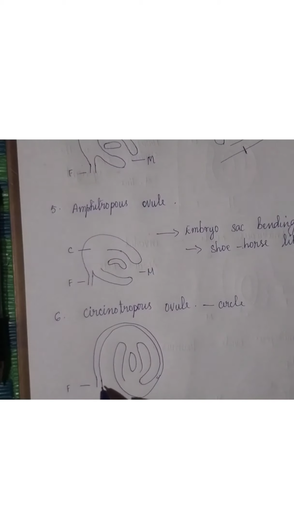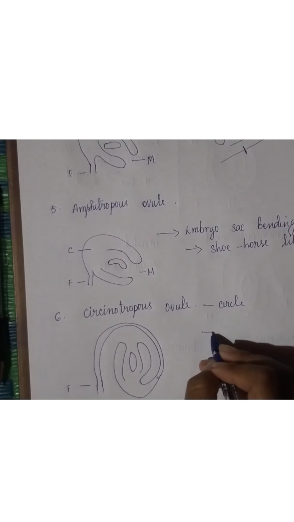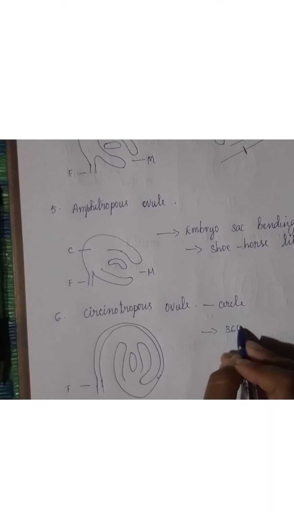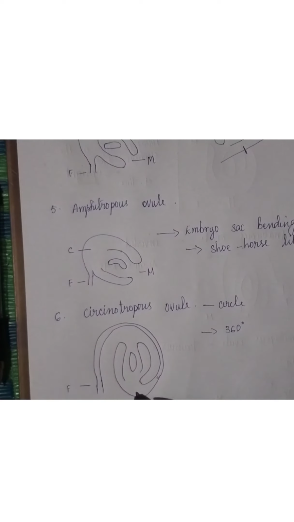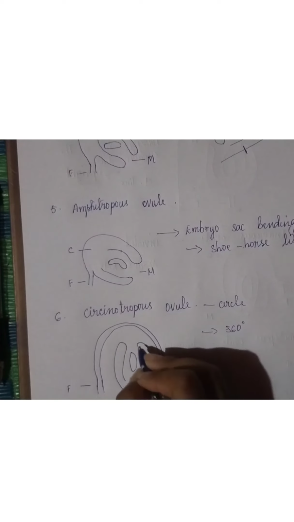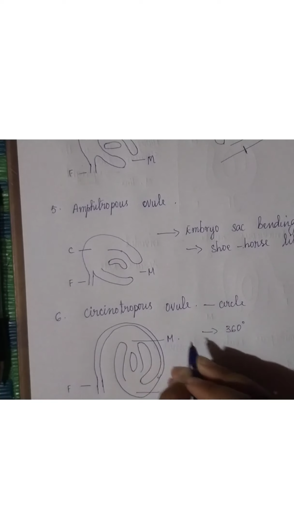The funicle is like a circle. This gives 360 degrees. This is the chalazal, and this is the micropyle.